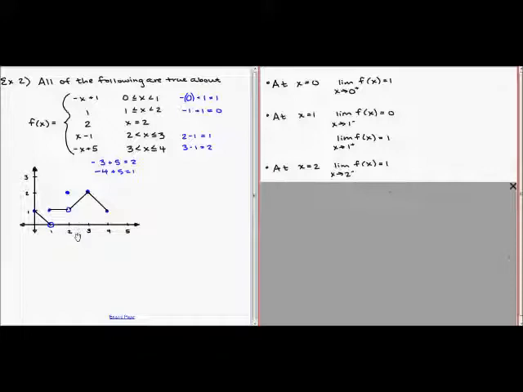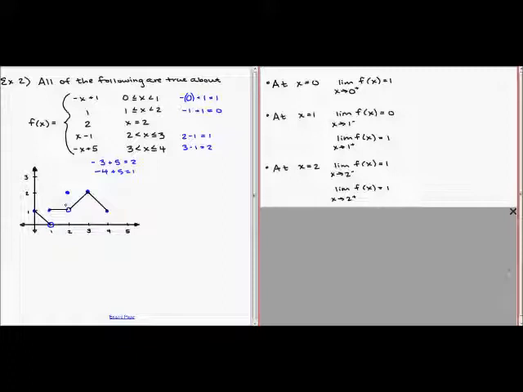Okay. At x equals 2, the left-hand limit coming in from the left is equal to 1. And the right-hand limit coming down from the right is also equal to 1. So notice here that even though those two limits are equal, the function at x equals 2 is equal to 2.